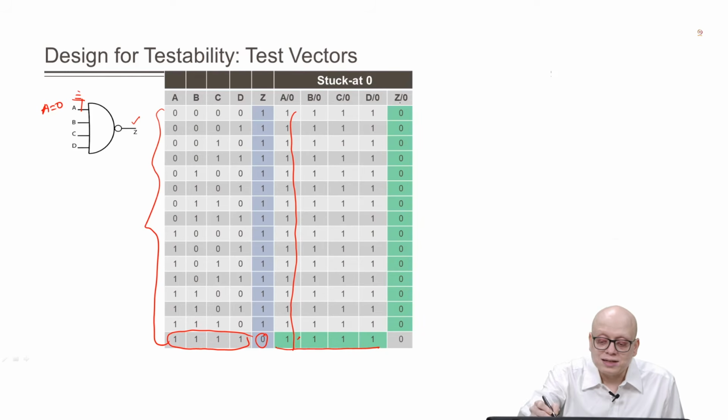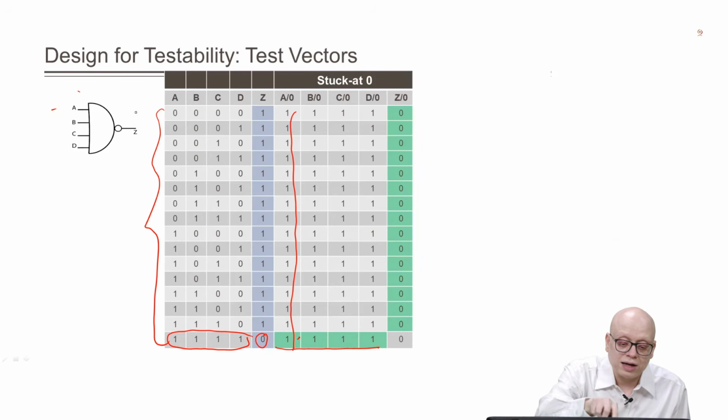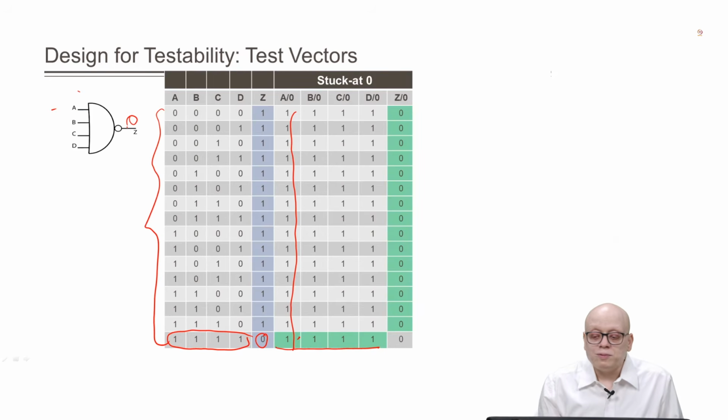Now, for the stuck at 0 at the output Z, what will be the test pattern? In this case, for any input combination other than 1 1 1 1, the output for a faulty circuit is 0 and the output for a fault free circuit is 1, right.